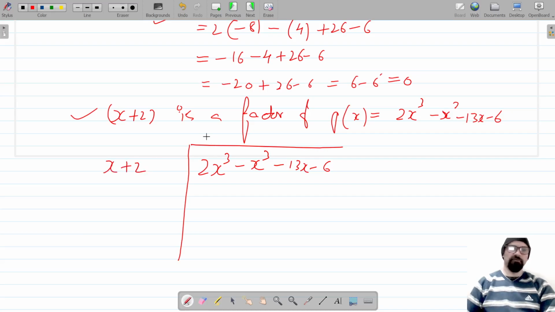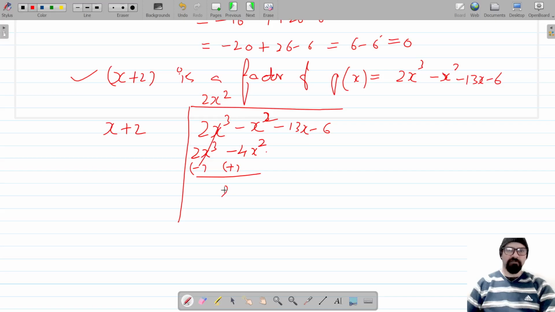x plus 2 gives us 2x squared. It's 2x cubed plus 4x squared, and we change the sign to subtract them. So this is now negative 5x squared minus 13x minus 6.